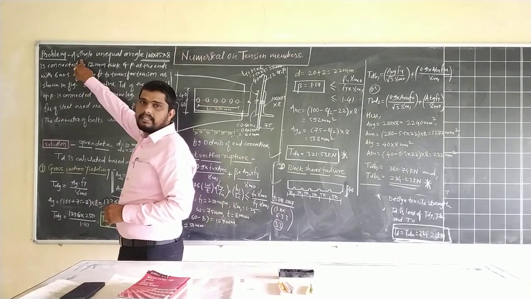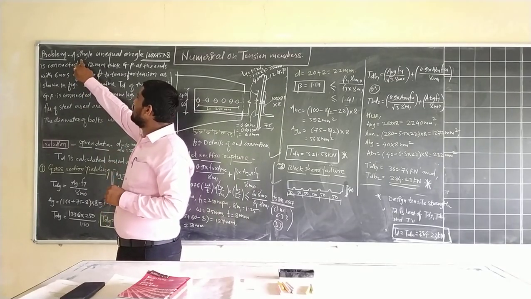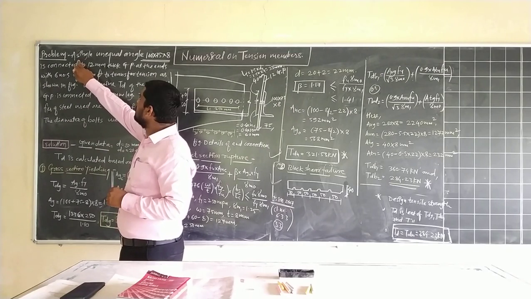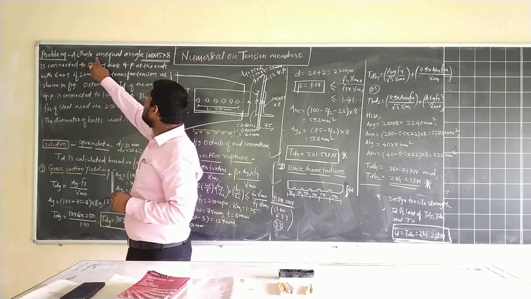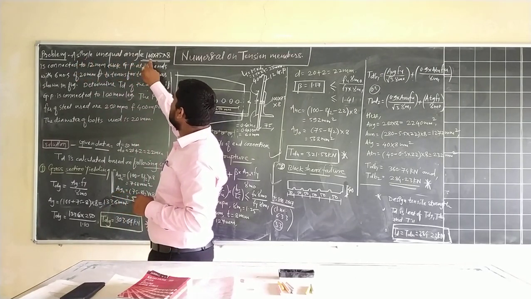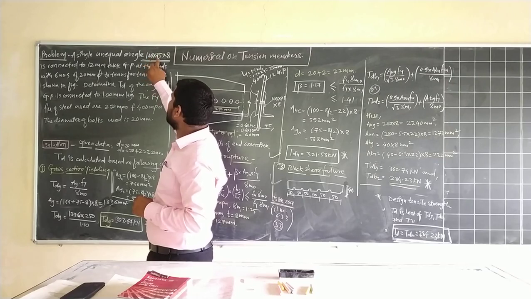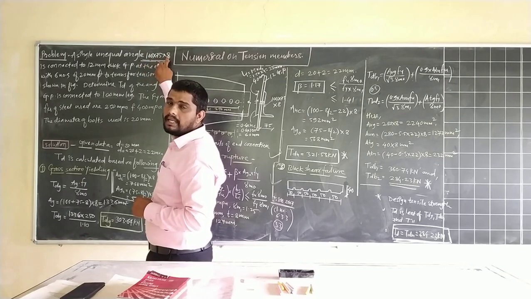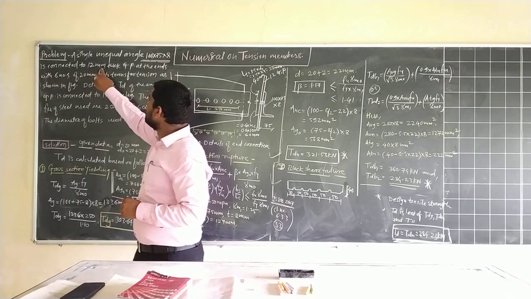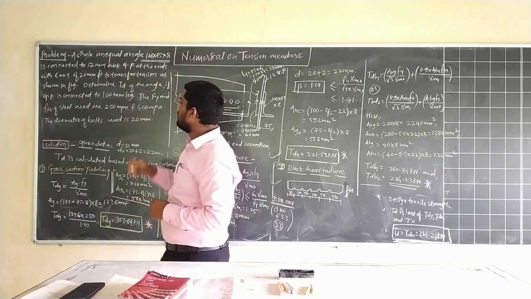So I will just read out the problem: for a single unequal angle section. Why is it called an unequal angle section? Because leg A and leg B are varying, 100 mm by 75 mm by 8 mm, connected to a 12 mm thickness of gusset plate.